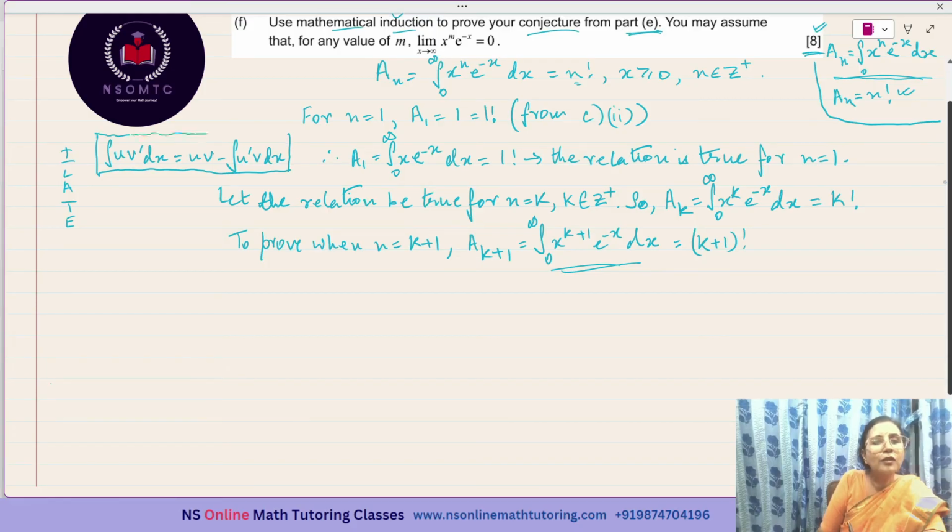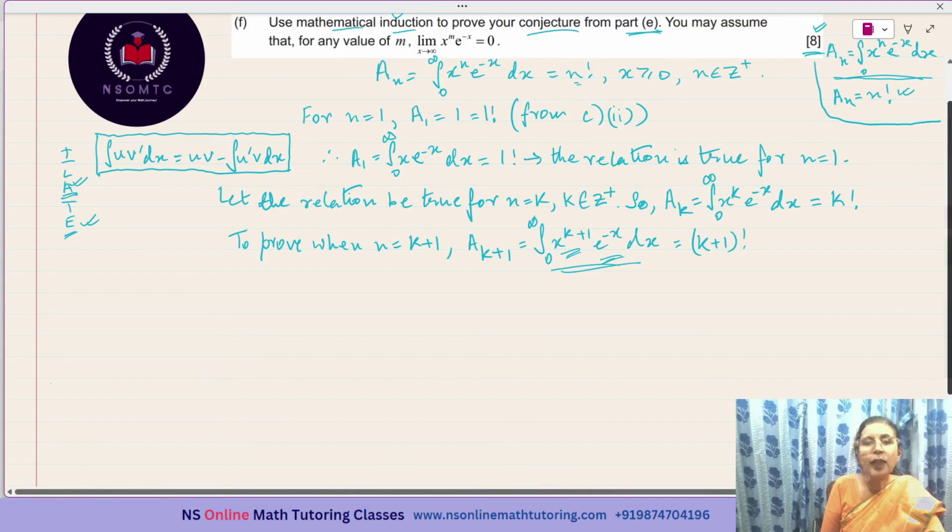This is the by parts rule. You have this in your formula booklet. And for ALATE, A stands for algebraic functions, E stands for exponential functions. So algebraic functions enjoy a higher priority in comparison to exponential functions. So over here, x to the power of k plus 1 is an algebraic function, and e to the power of negative x is the exponential function. Therefore, x to the power of k plus 1 is u, and v dash is e to the power of negative x.